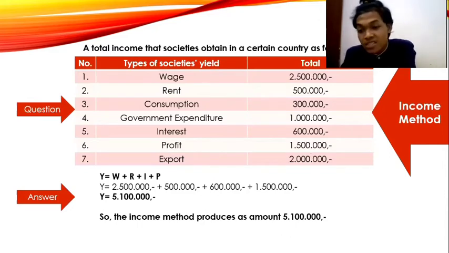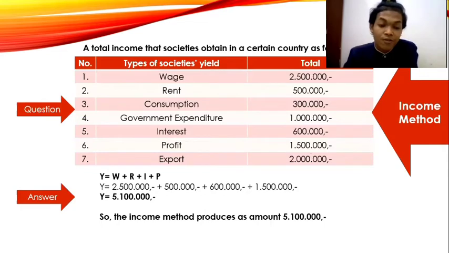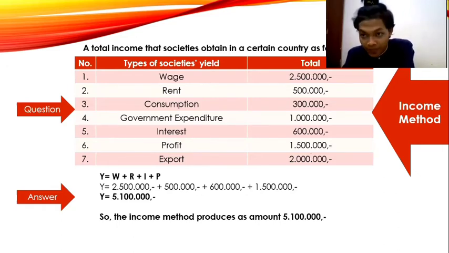So if you use this income method, it's different from the previous formula. So for the formula itself, we find Y equals W plus R plus I plus P. So as I told you, the previous one, W stands for wage, R stands for rent, I stands for interest, and P stands for profit.